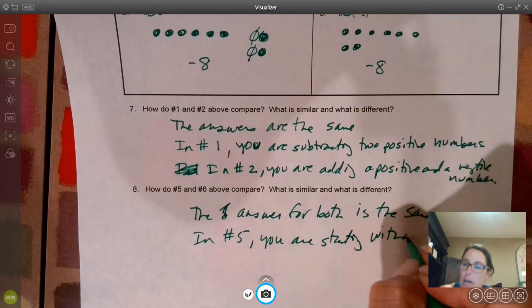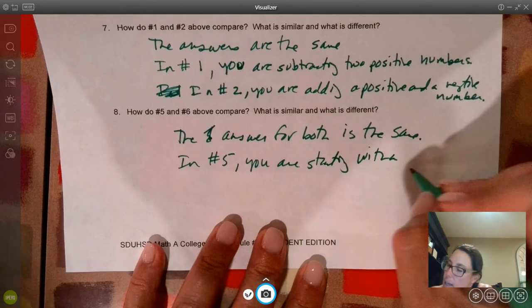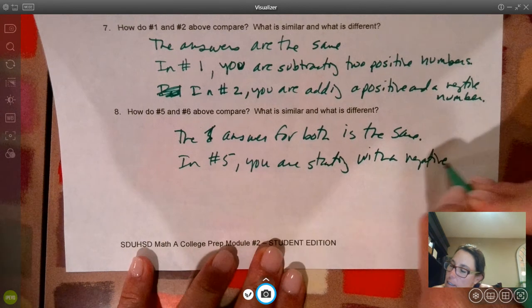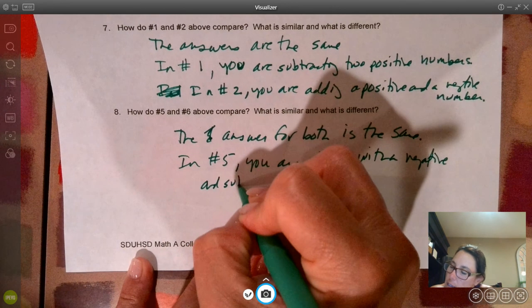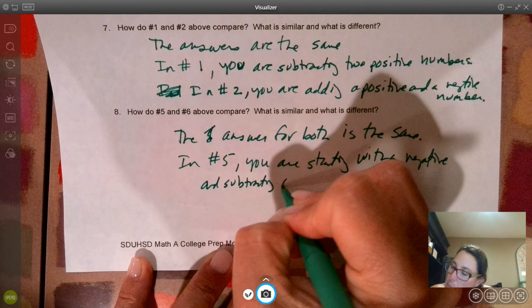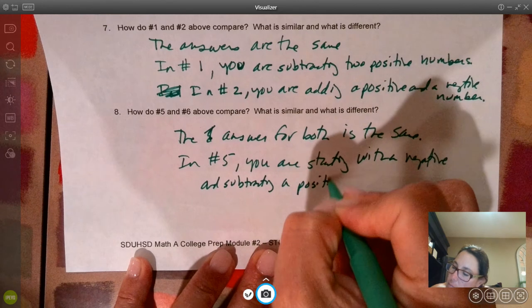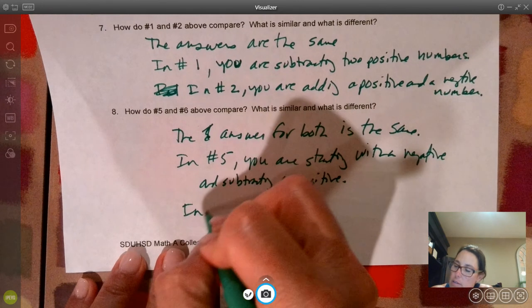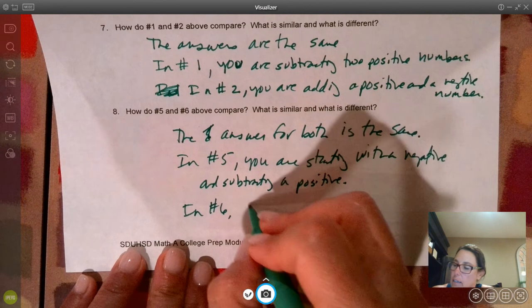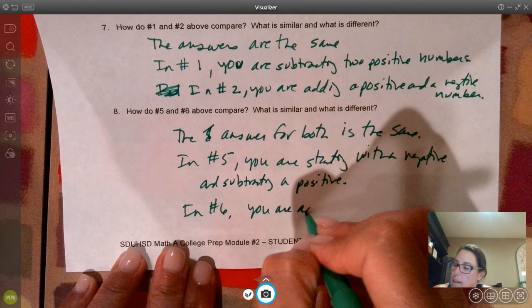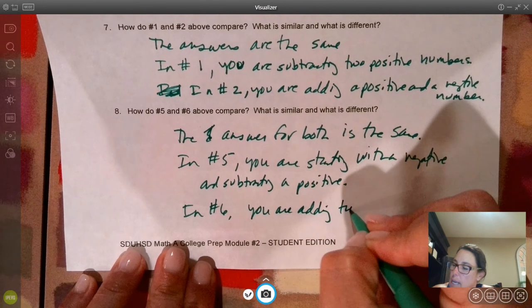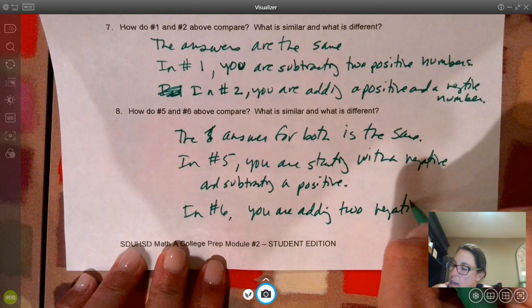In number 6, you are adding 2 negative numbers.